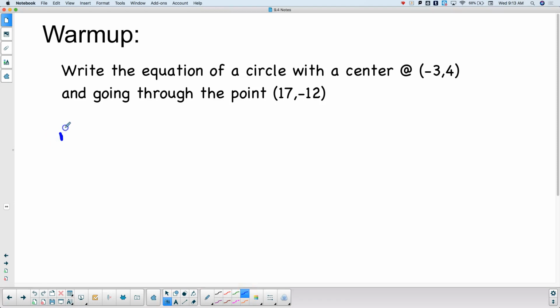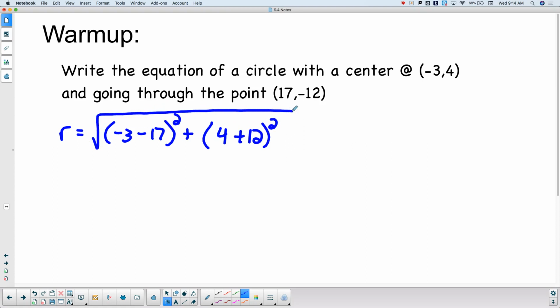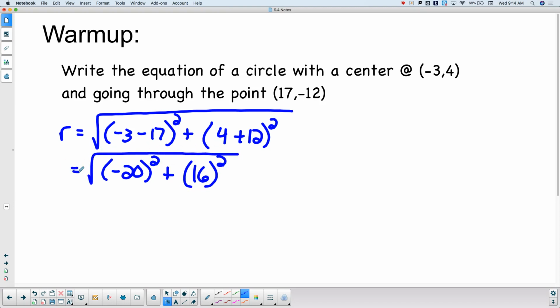So, R is going to equal the square root of -3 minus 17 quantity squared plus 4 minus -12 quantity squared. -3 minus 17 is -20 squared plus 16 squared, and I still have to take the square root of that. -20 squared is 400. 16 squared is 256.